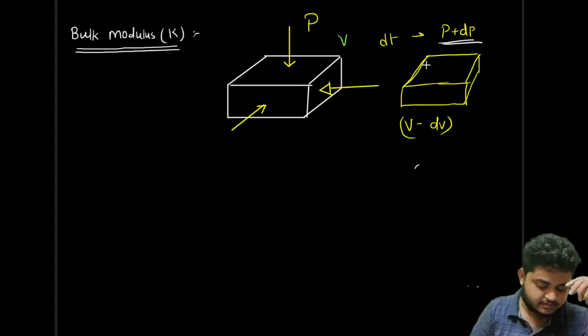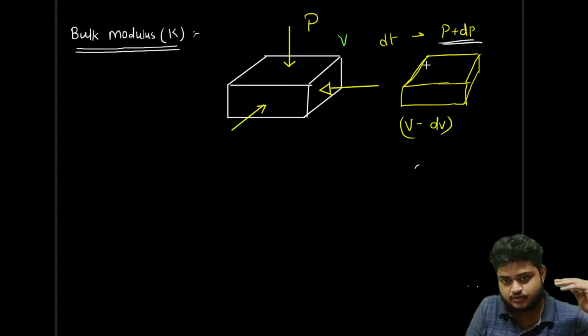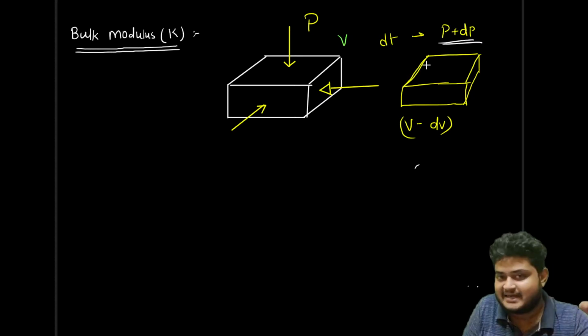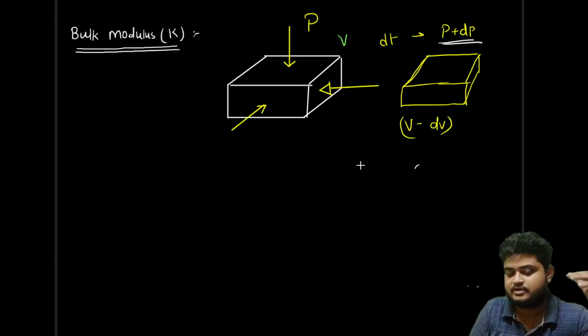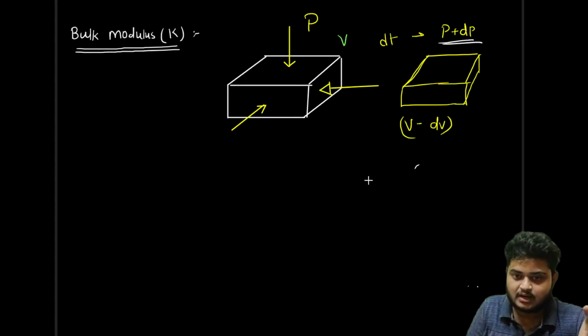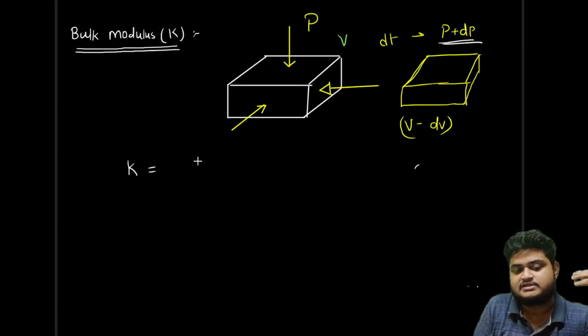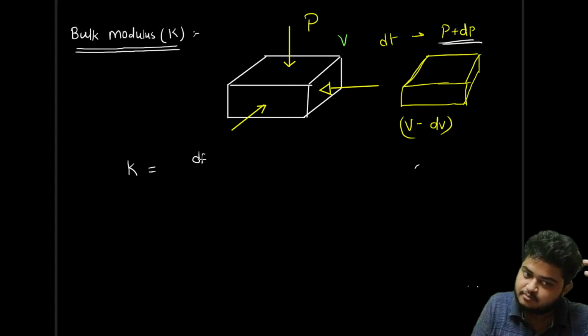Let us repeat the bulk modulus once. So with the increase of the pressure, obviously the volume will be decreased, right? So when the volume decreases, we can see the changes. Particularly the bulk modulus is nothing but the change of pressure upon the change of volume.